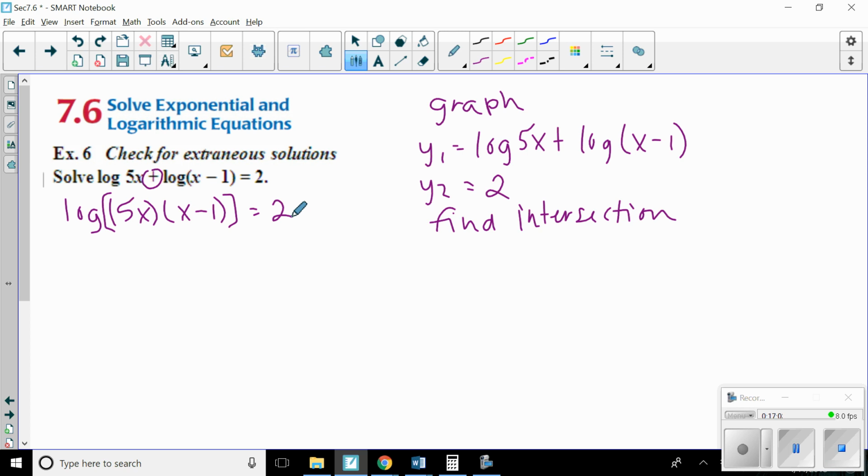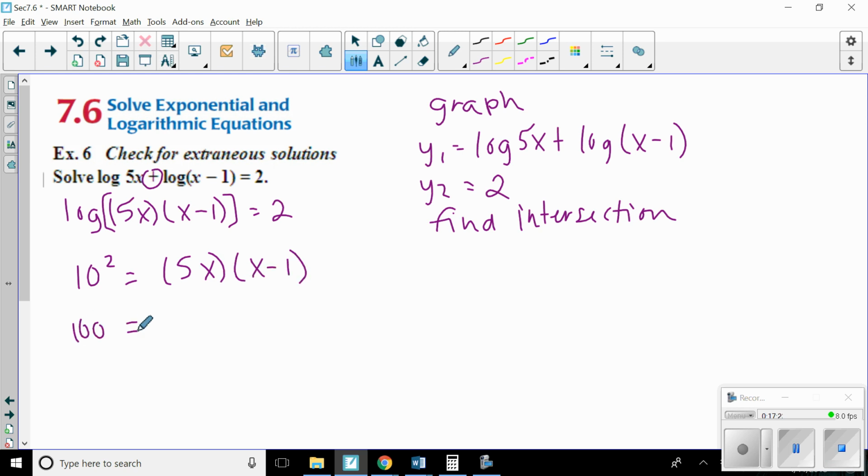And then secondly, since we don't have an indicated base, we know that the base is 10, so we can write this in exponential form. So we have 10 to the second power is equal to 5x times x minus 1.